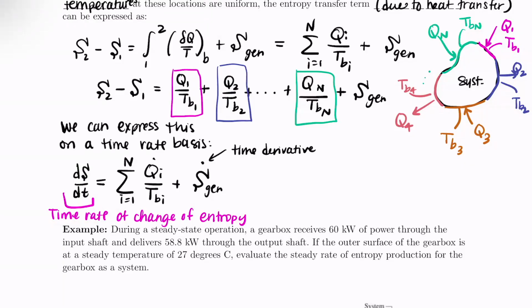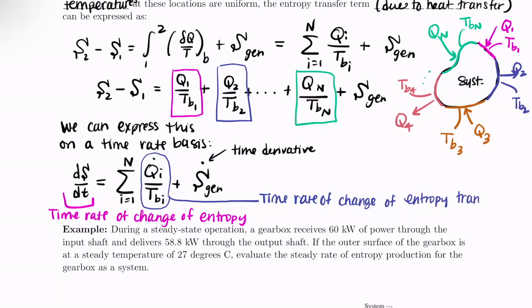This term here is our time rate of change of entropy transfer due to heat transfer through the boundary.